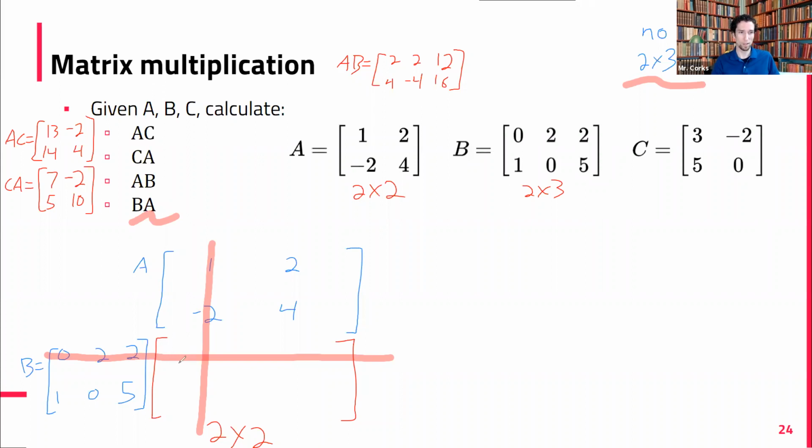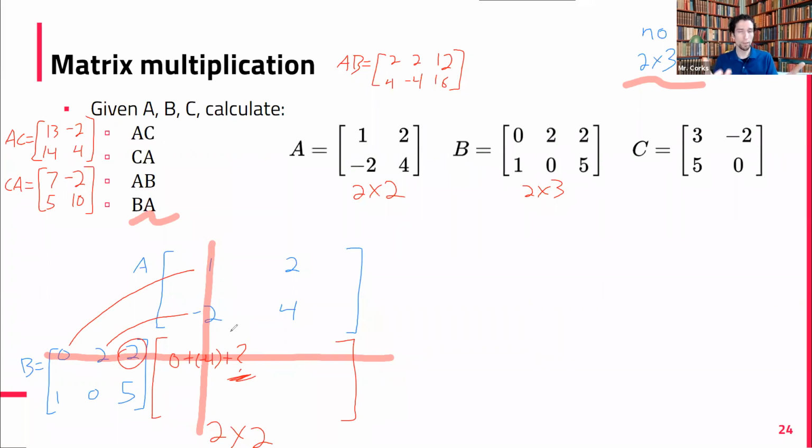0 times 1, and -4, 2 times -2. So -4, and then something? Question mark. We have a 2 here in our first row for B, but in A, we ran out of values.